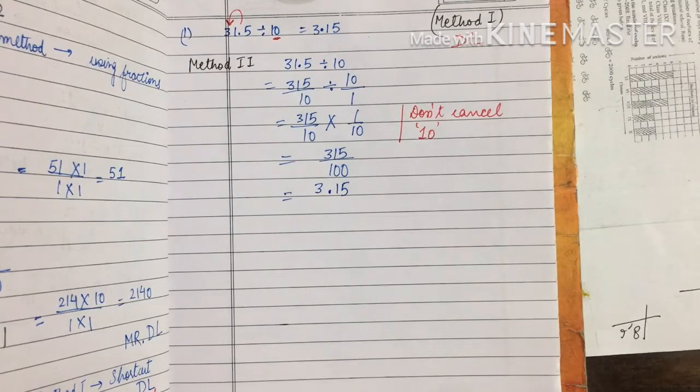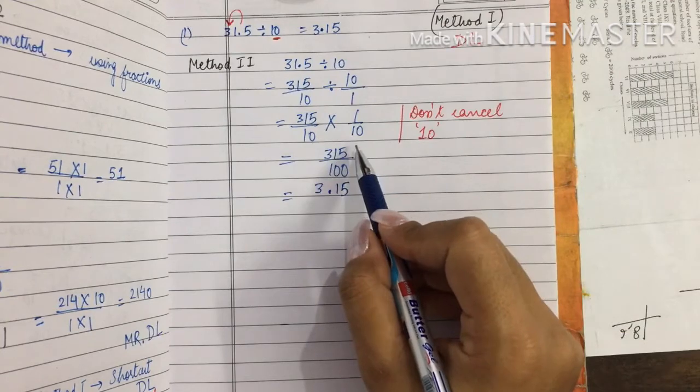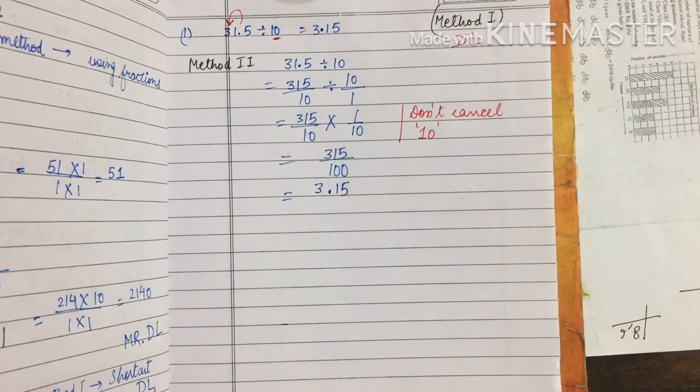I don't want to do that. Only cancel 10 if you are sure that it is completely going to be cancelled. 10 will completely cancel and you will be left with 1 in its place. If you cancel 10 by some number and you replace 10 by 2 or by 5, then it is not useful. It will be only useful if you don't change it or it is completely cancelled.